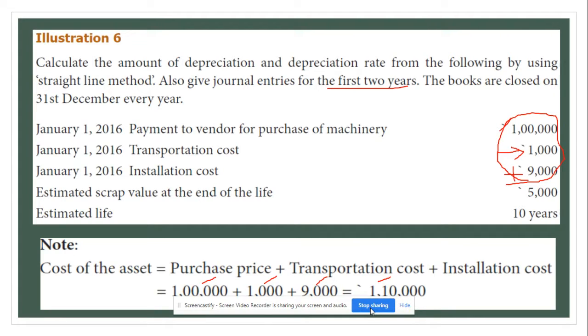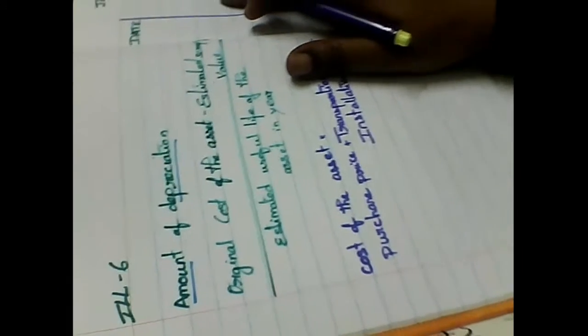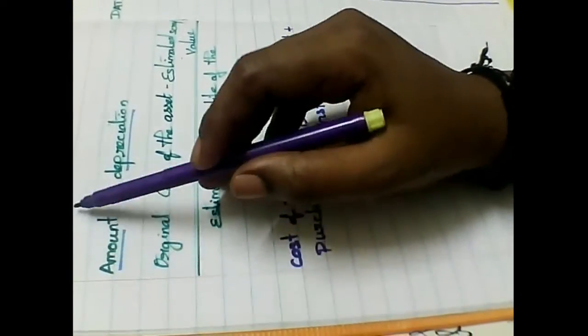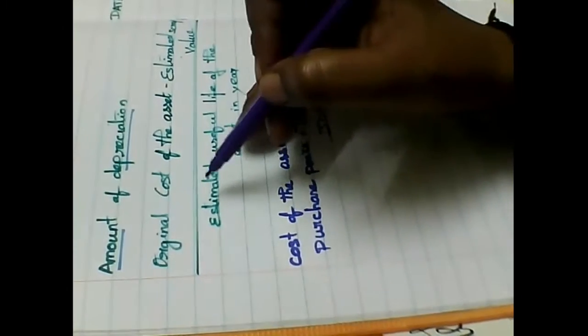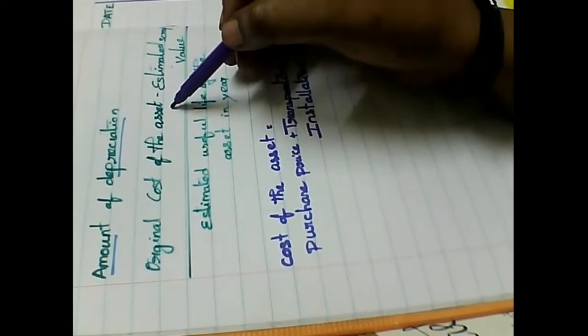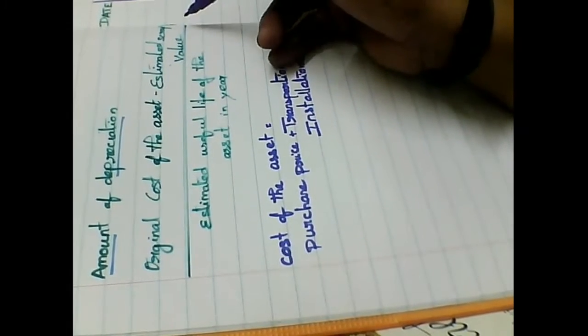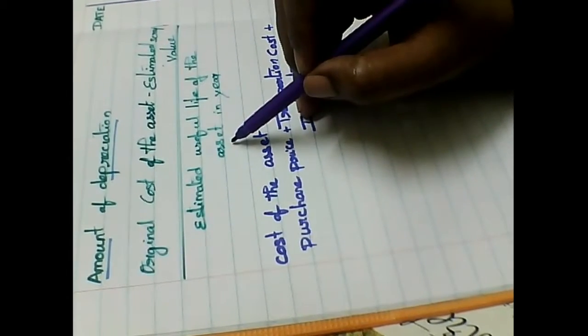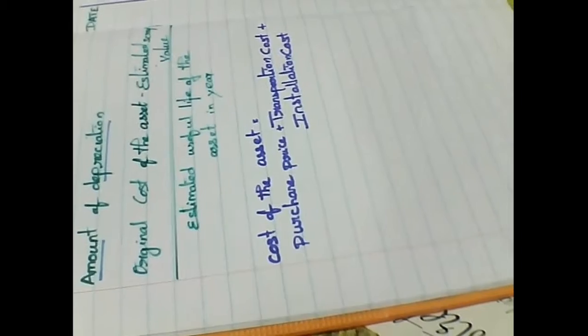Now we are going to see how to work out the sum. Here we are going to see the sixth sum. First we go with the amount of depreciation in illustration 6. This is the formula: original cost of the asset minus the estimated scrap value, divided by the estimated useful life of the asset in years.